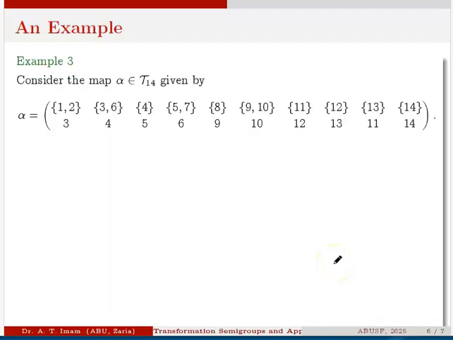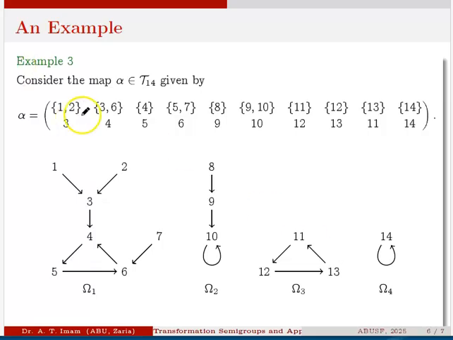So let me just give an example here. If you consider this particular alpha, we have seen this example before with this orbital structure. We have a standard orbit here, a cyclic orbit, a cycle, and a trivial orbit. And from the orbits, it is clear that you have one cycle and you have two fixed points.